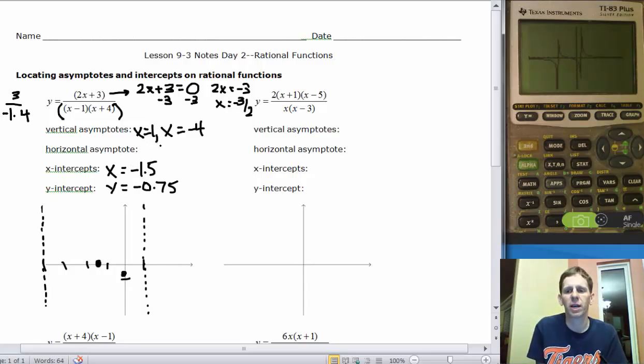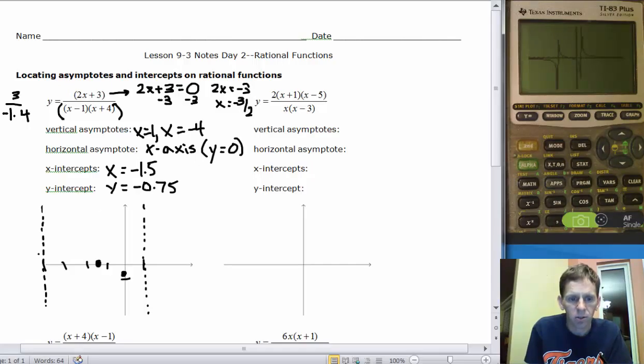The last thing we have is our horizontal asymptote. It appears that this graph, as you move further and further to the left and further and further to the right, has a horizontal asymptote of the x-axis. That is true. You can also say this is the line y equals 0. So I'm doing some little dashes along my x-axis here. So you can see we have a curve in the bottom left corner that does something like this.